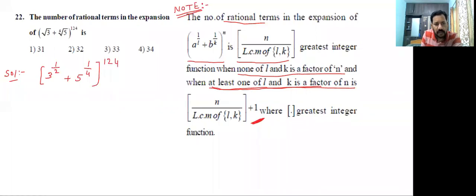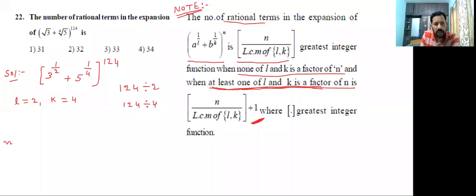See here, the l value is 2 and the k value is 4. So 124 is divisible by 2. So 2 is a factor of 124 and 4 is also a factor of 124. So that means at least one of l and k is a factor of n, so this is the formula.